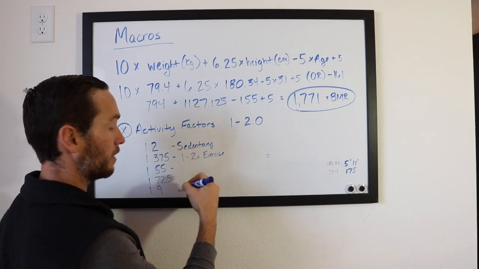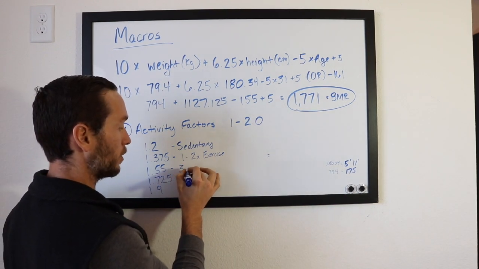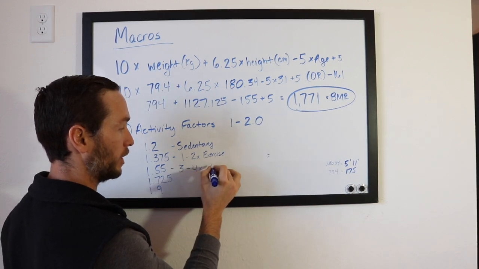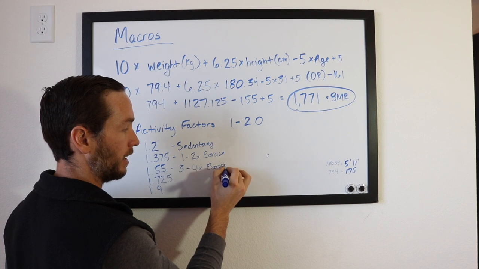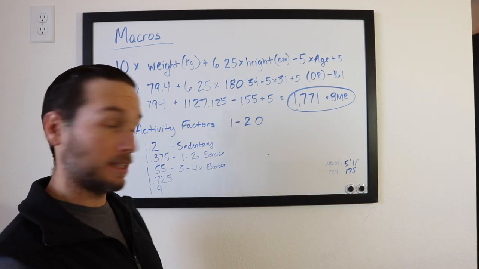And the heavier exercises, if you will, are going to be more towards the 3 to 4 times per week range of exercise in conjunction with a healthy, active lifestyle, meaning you get a lot of physical activity throughout the day as well.